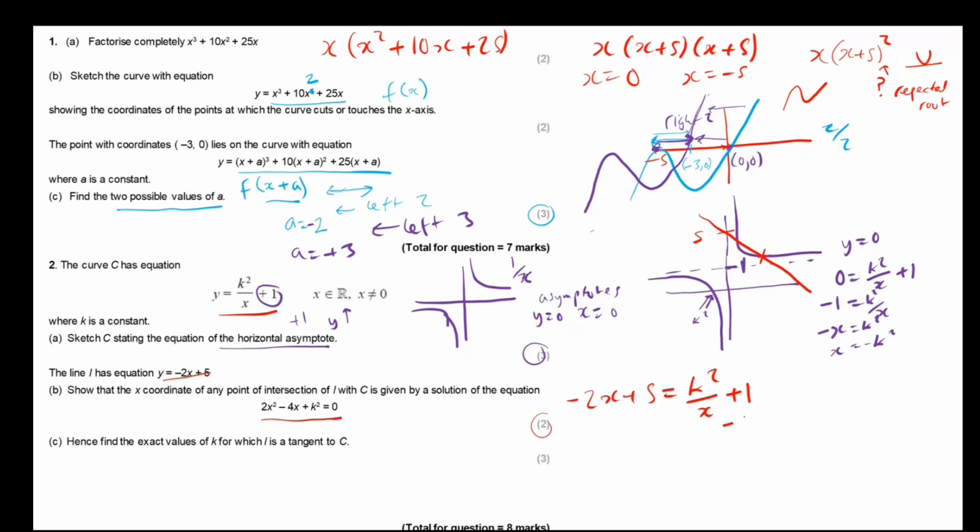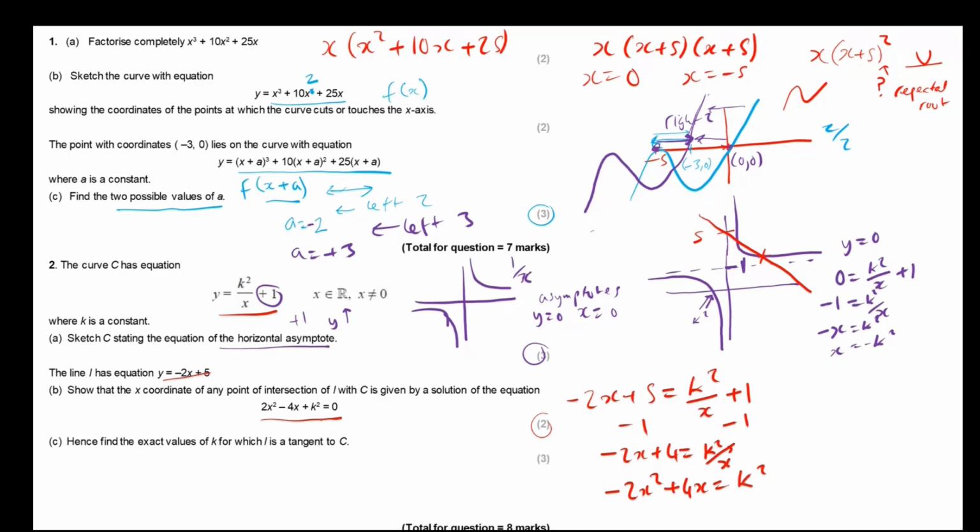So let's minus 1 on both sides. We're going to get minus 2x plus 4 equals k squared over x. Multiply out by x, so that's going to be nice. We're going to get minus 2x squared plus 4x equals k squared.